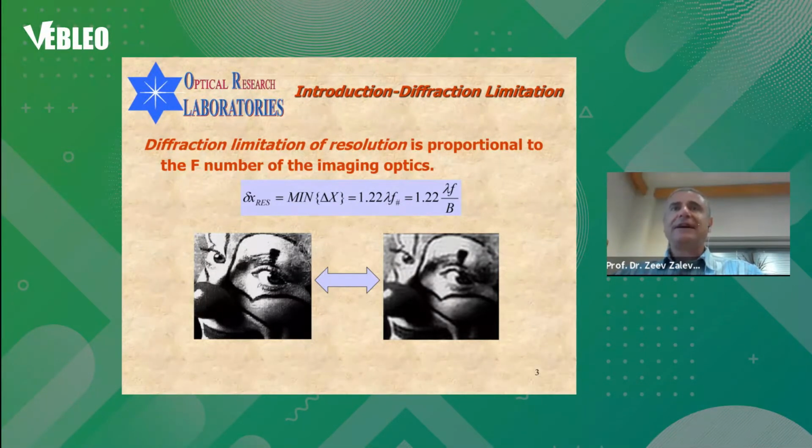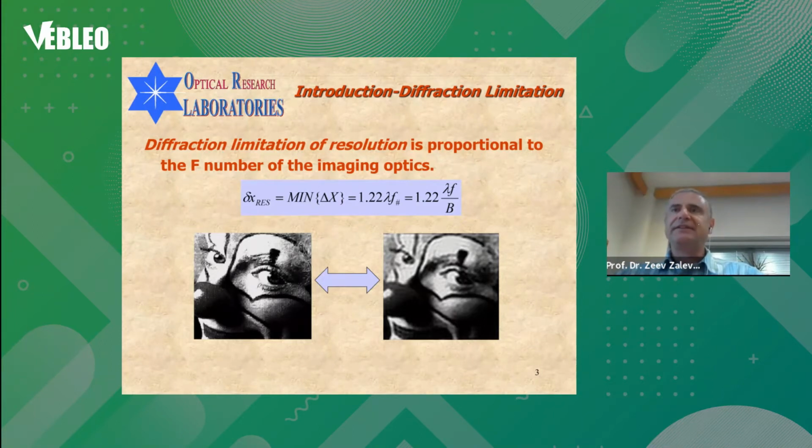Apparently, the law of diffraction is such that the smaller the spatial feature is, the larger its angular span within which the rays, the optical waves, propagate in free space. Now, if the numerical aperture of our imaging lens is limited, only the angles within the numerical aperture of the lens will be captured and translated to an image that is being formed on our detector.